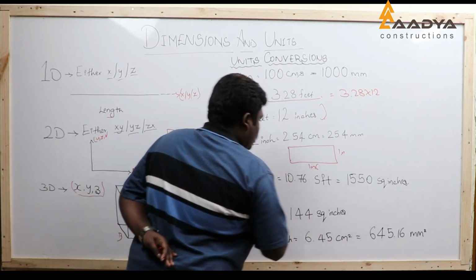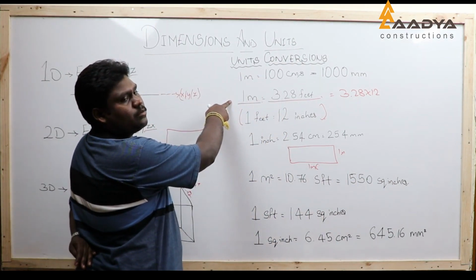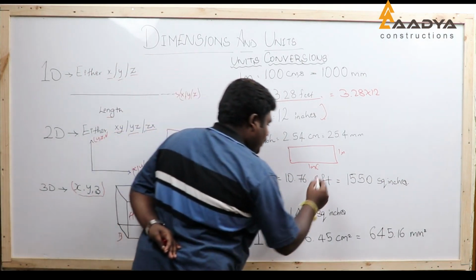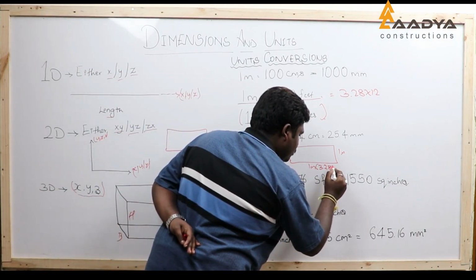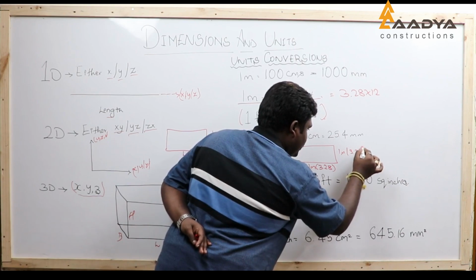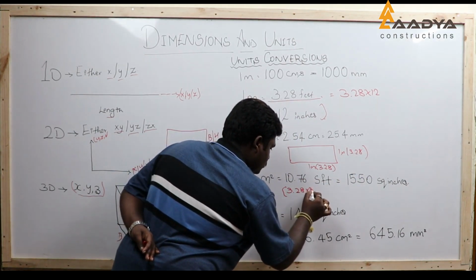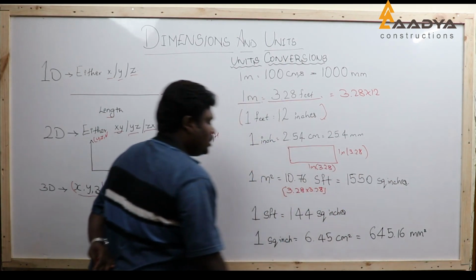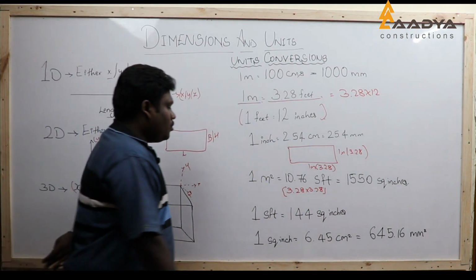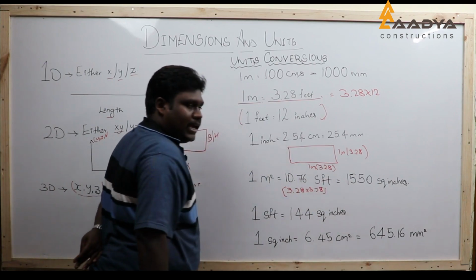So when you go back here, we have 1 meter is equal to 3.28 feet. So you take it as 3.28 and 3.28. So this will be 3.28 into 3.28. So you get 10.76 SFT.